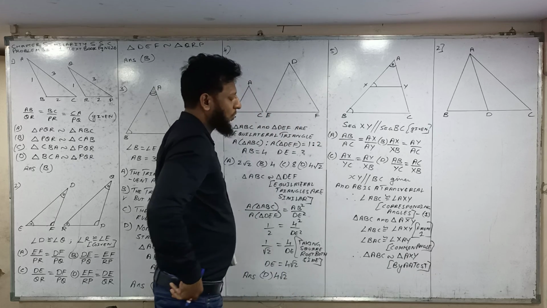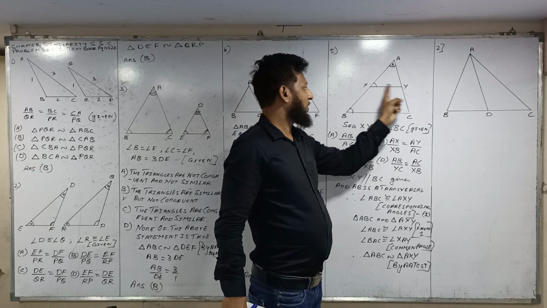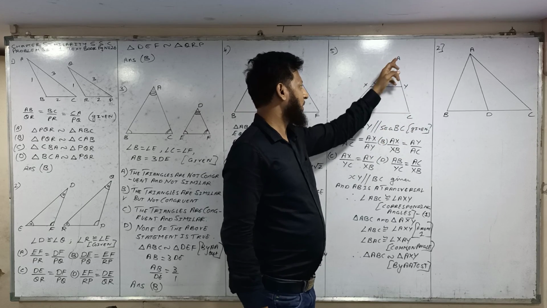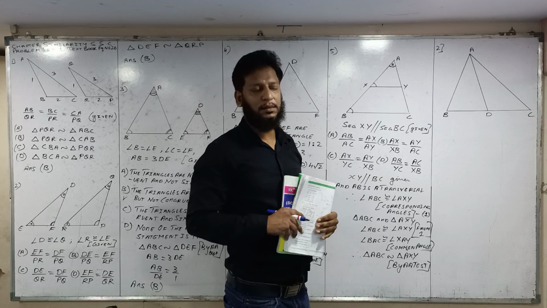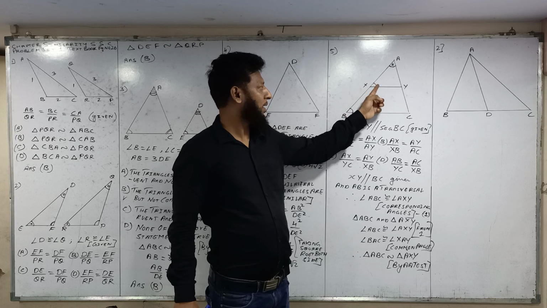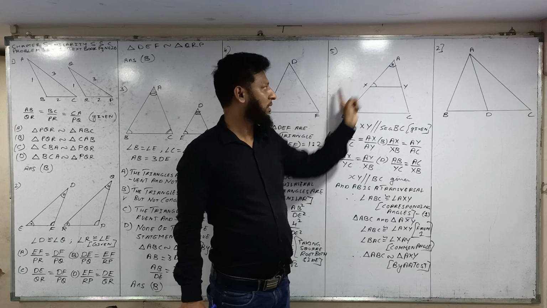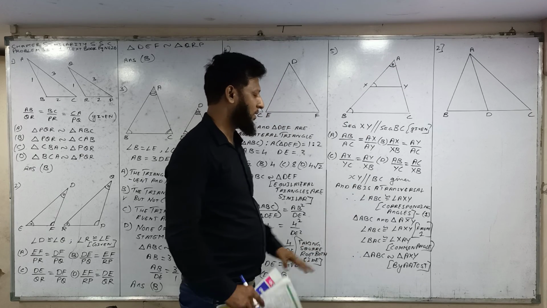Okay, so always remember this: if the triangle is given and this is parallel to this, then triangle ABC is similar to AXY by AA test. But still I have proved it. So these are corresponding angles and this is common in both triangles ABC and AXY. So the triangles are similar.